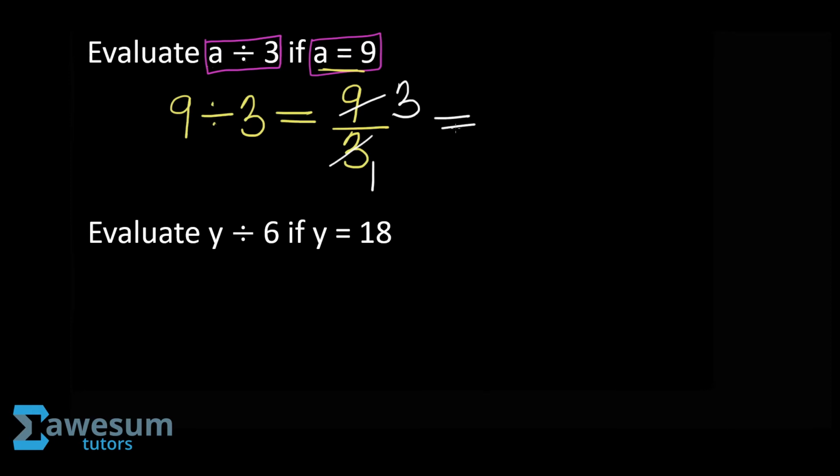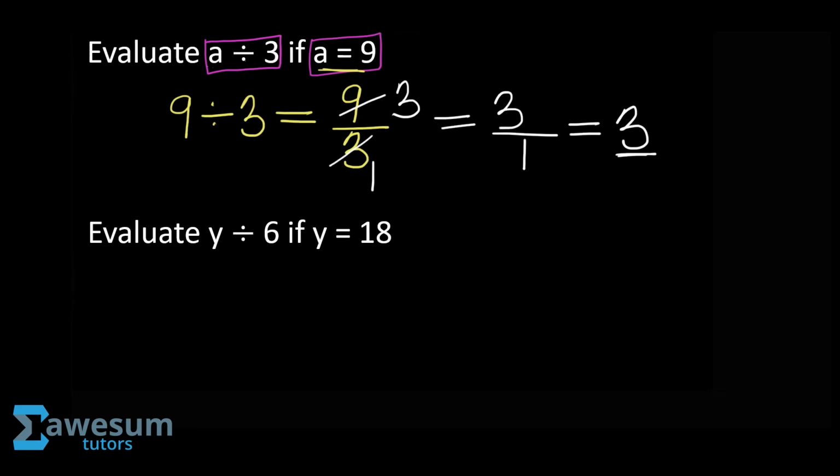So my final answer is going to be 3 over 1, and we all know that 3 over 1 is the same thing as 3. Okay, I hope you guys understand this concept.